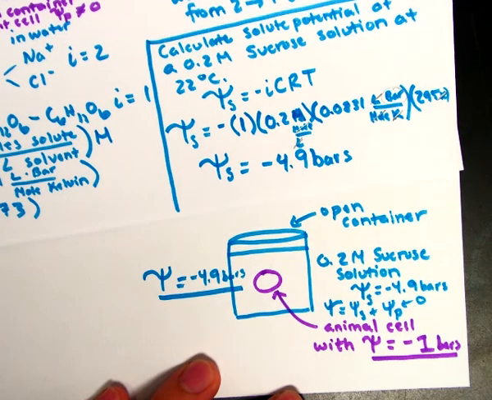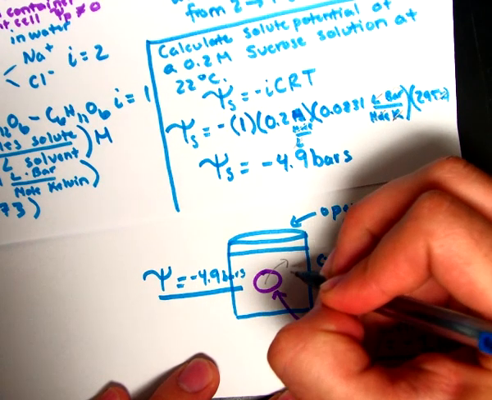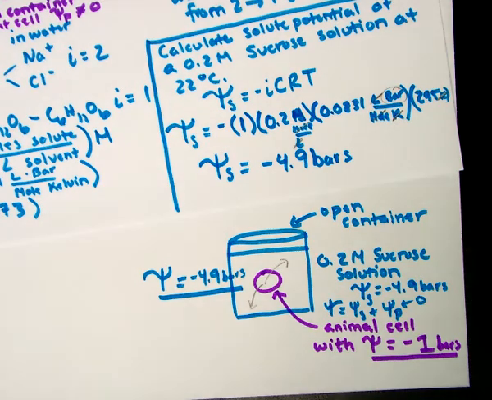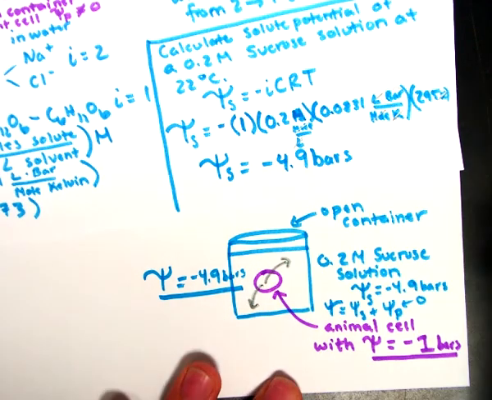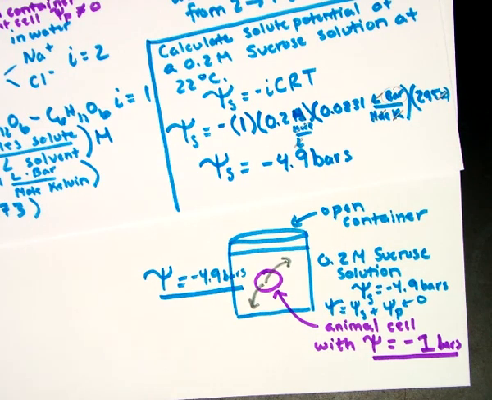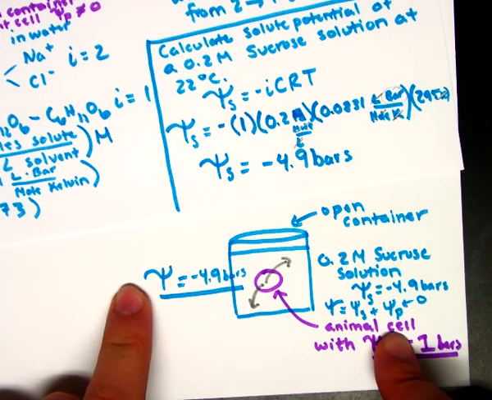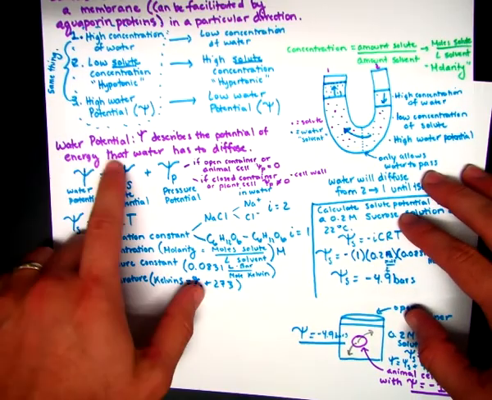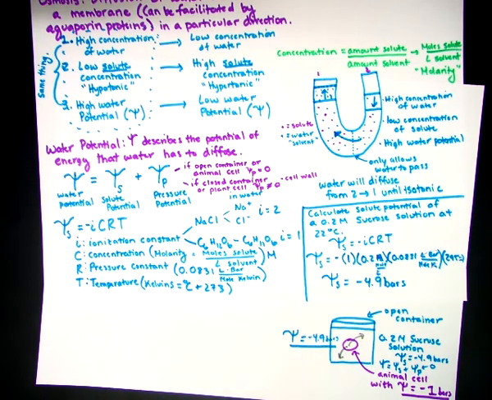So we'd expect water to diffuse outwards, right? Because we're going from high water potential to low water potential, which is what we said at the very, very beginning. High water potential to low water potential. Okay? All right. Questions?